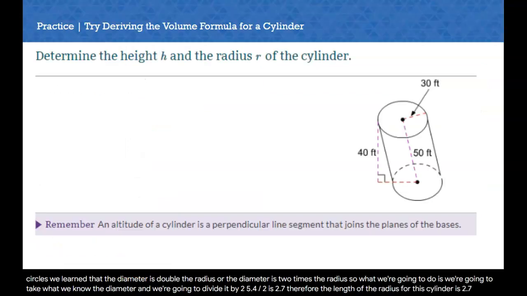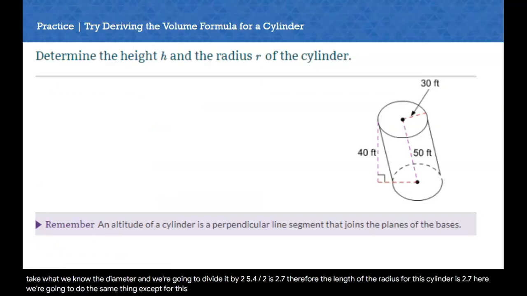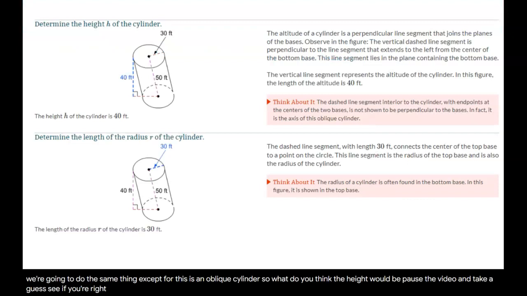Here we're going to do the same thing, except this is an oblique cylinder. So what do you think the height would be? Pause the video and take a guess. See if you're right. If you guessed that the height would be 40, you're correct. This is what we call the slant.